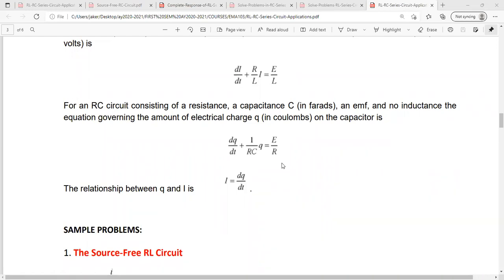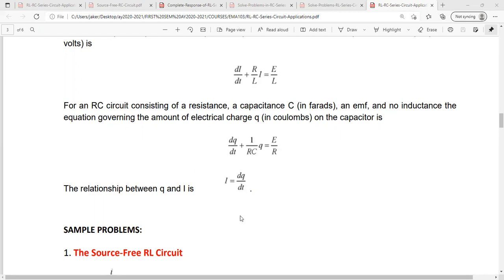Now, associated with the RC circuit is an expression of the current in that circuit in terms of the rate of change of the charge in the capacitor. The rate of change of the charge in the capacitor is also the current that is flowing through your circuit.